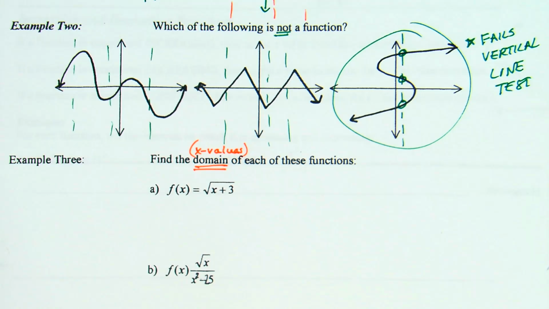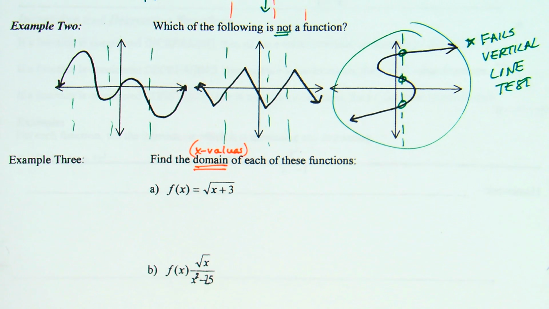Okay, so A is going to be f of x equals square root of x plus 3. We'll do some work with the equation. We'll also do some work with the graph. But what do you notice in this equation? What do you see that I mentioned up above? Where is the x? In the square root.